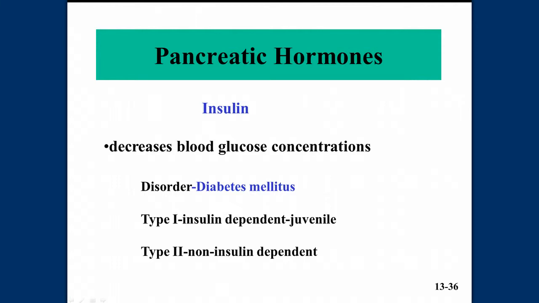Both can be hereditary, but adult onset diabetes, type 2 diabetes, is a little more hereditary than the juvenile diabetes, the insulin dependent.